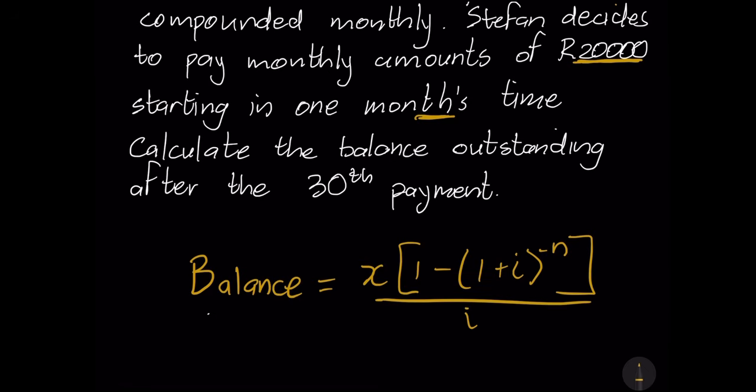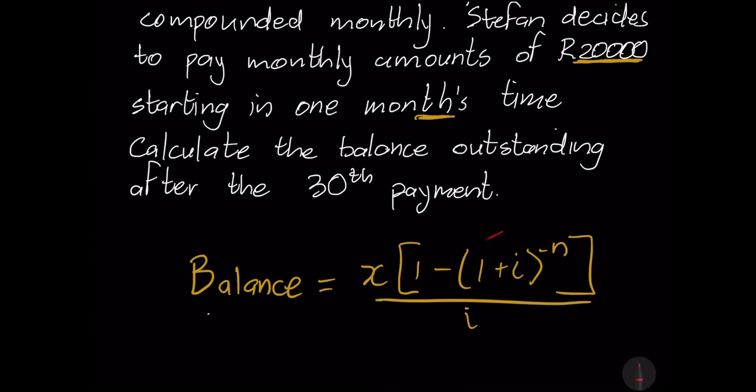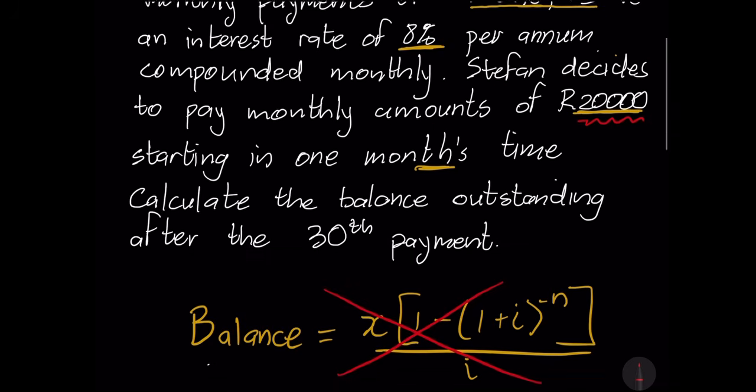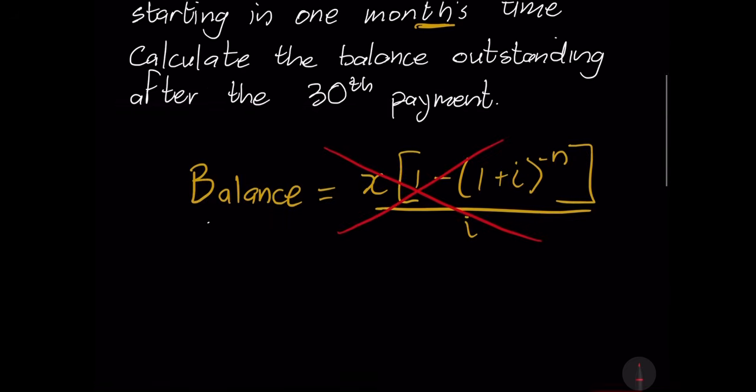In this case, you may not use this formula. Please, I'm begging you, do not use it here. Why? Because the repayments Stefan is making are not the ones stipulated by the bank. If he was paying that amount, then you could use the formula.